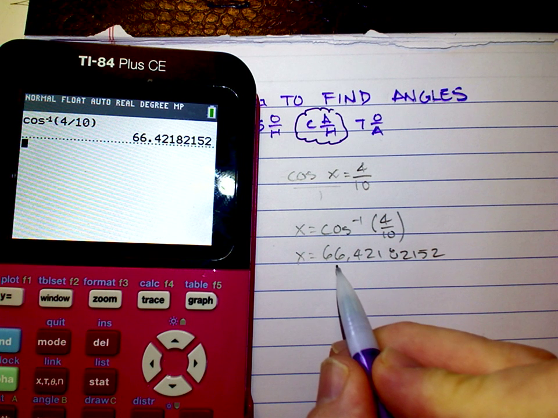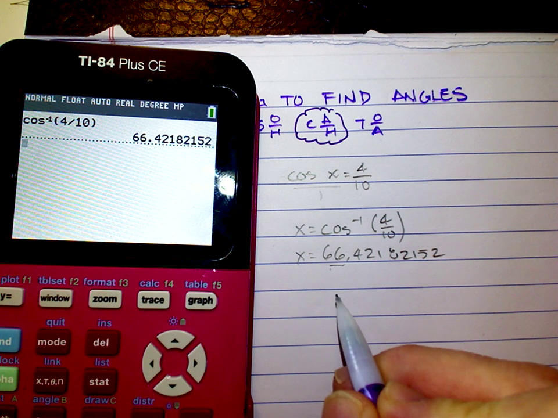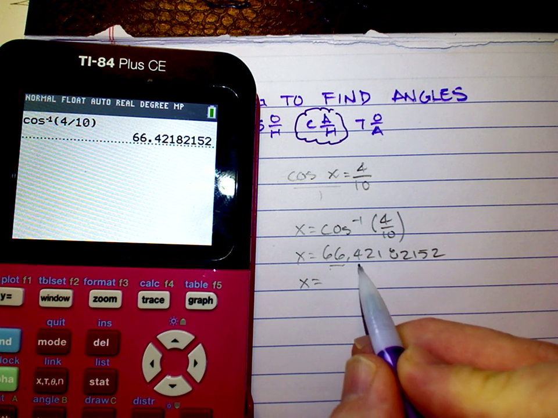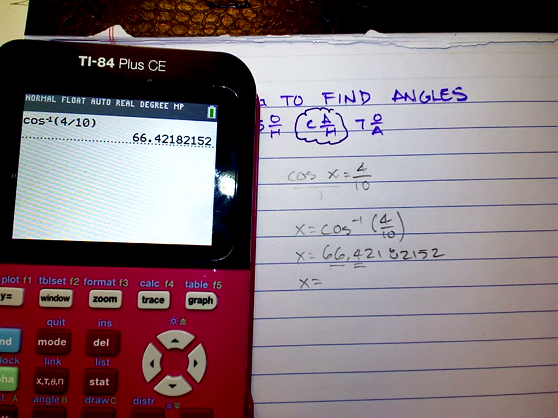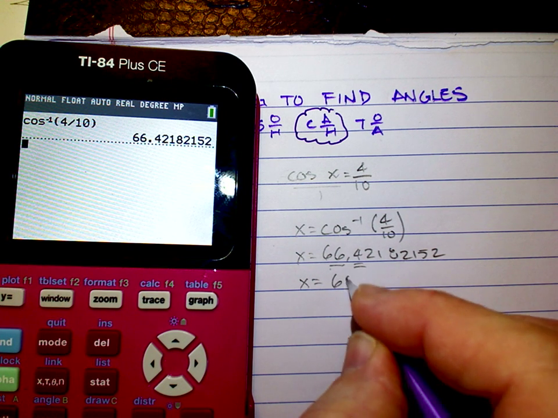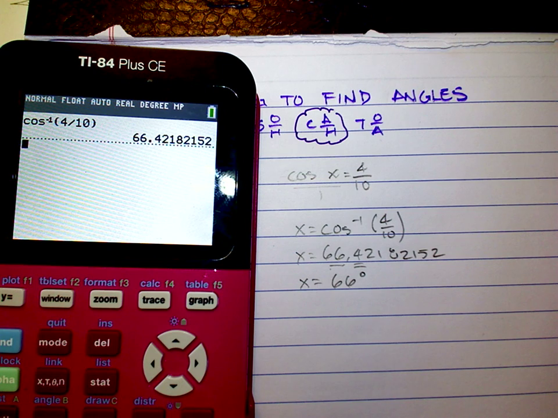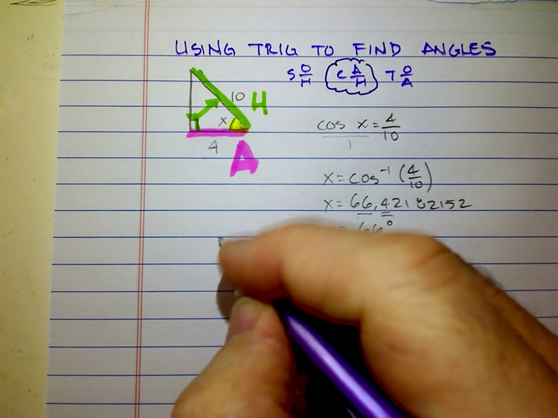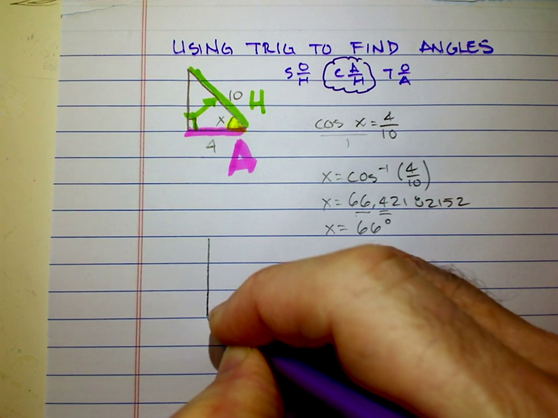In Delta Math, they're asking us to round it to the nearest degree. So the 6 is the nearest degree. We'll take a look at the next number to the right, the 4. And since 4 is less than 5, this will round to 66 degrees. And that's our answer.